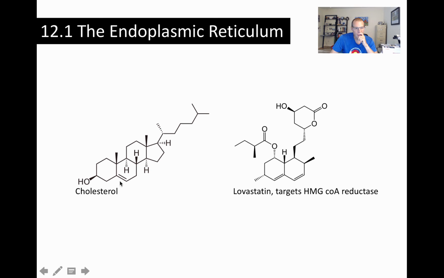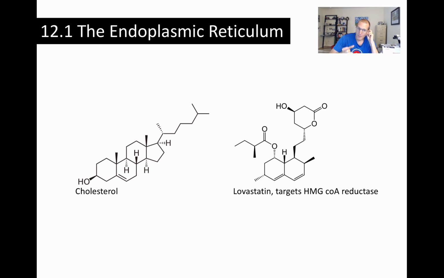So this compound here, cholesterol, is under the control of an enzyme in the ER called hydroxymethyl glutaryl-CoA reductase. That's a big long name, don't worry about it. HMG-CoA reductase. That's an enzyme which is involved in reducing hydroxymethyl glutaryl-CoA, HMG, and that's the most important step in the production of cholesterol.